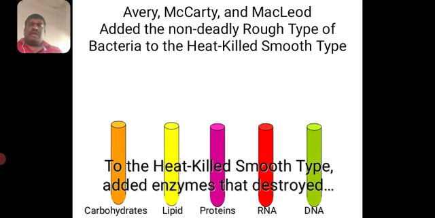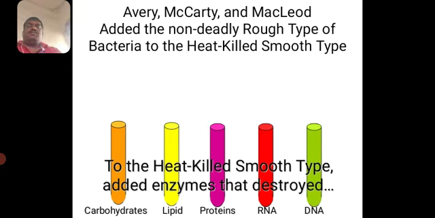Here in the image we can see the 5 test tubes, and in each test tube he added the mixture of 2 strains, first, second, third, fourth, fifth. Different enzymes were used by these 3 scientists.